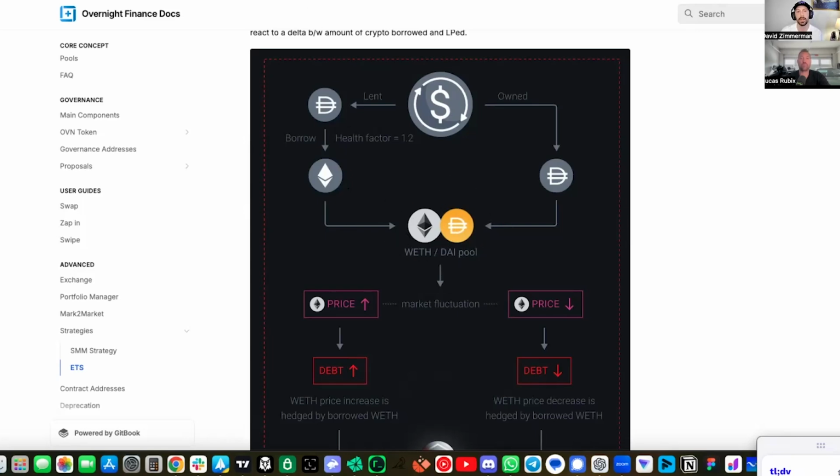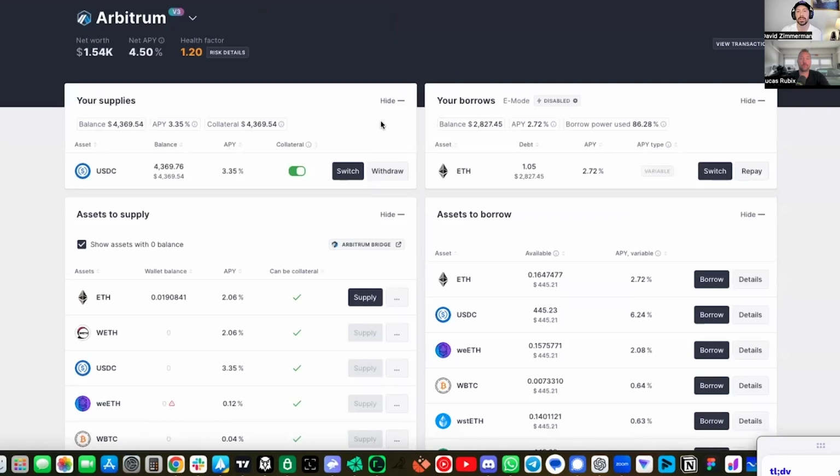And so if I go over here to Aave, this is the lend, borrow, short leg of the position. I've been testing this out with a couple thousand dollars. What I've done here is I've supplied USDC and I've borrowed ETH against it, and I keep my health factor at or above 1.20. Let me explain exactly what we're doing here.